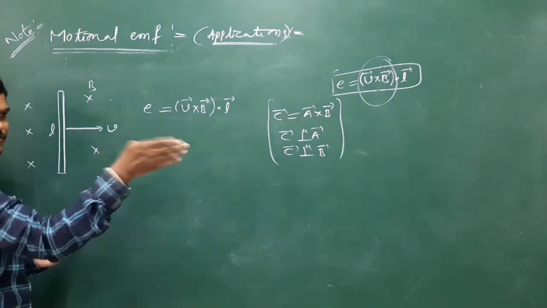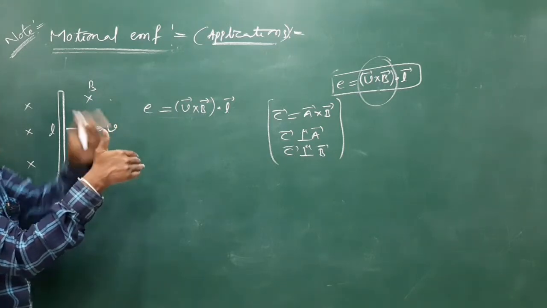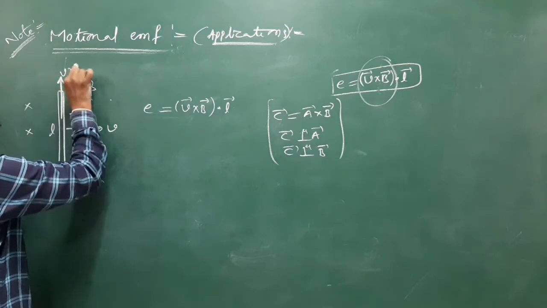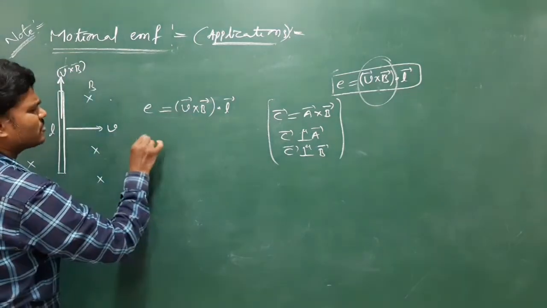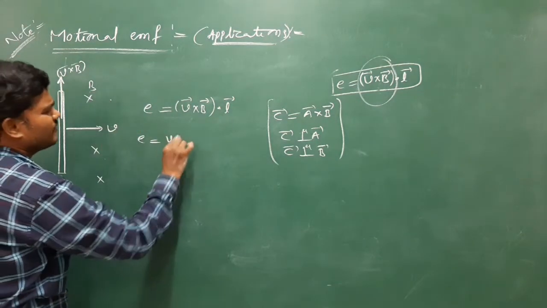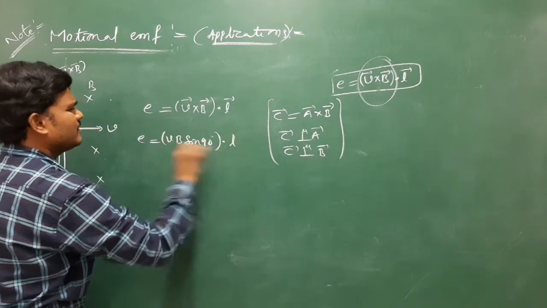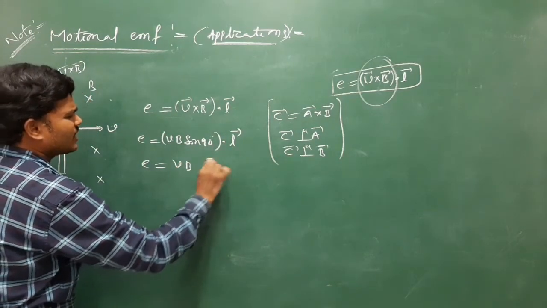V cross B will give this direction. What is the angle between V and B? It is 90, so V B sine 90 dot L, and E is equal to VB dot L.